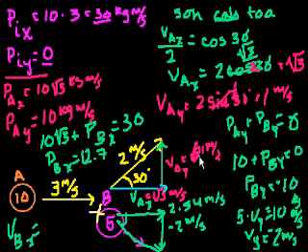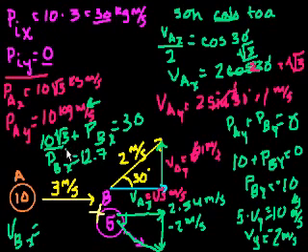The momentum in the y direction must be 1 meter per second times A's mass, which is 10 kilograms, so 10 kilogram meters per second. And in the x direction, that's just square root of 3 times 10, which is 10 square root of 3.